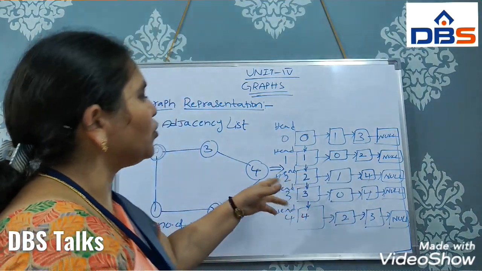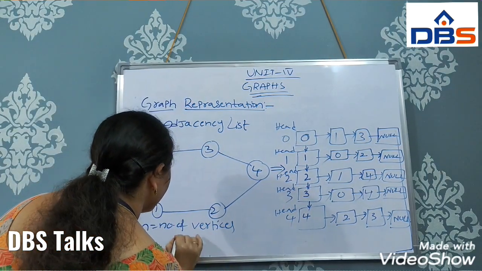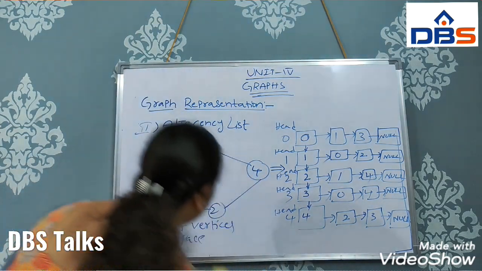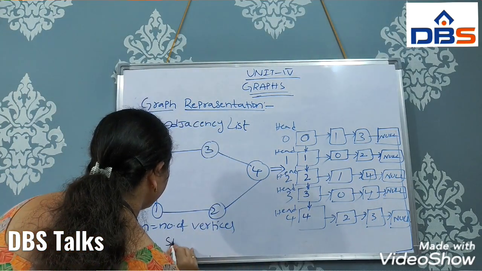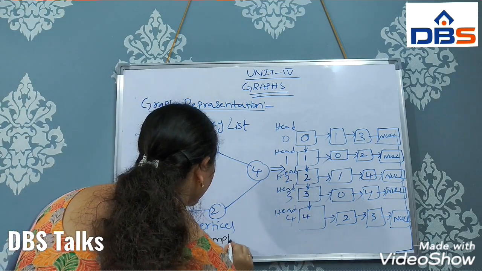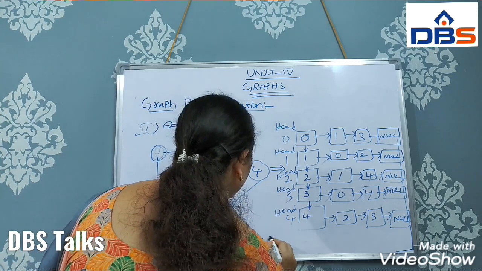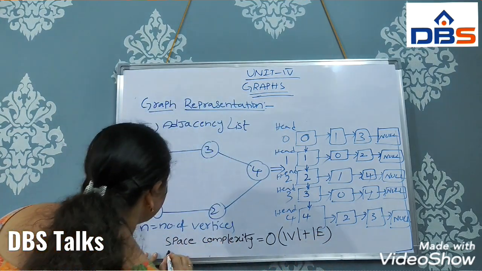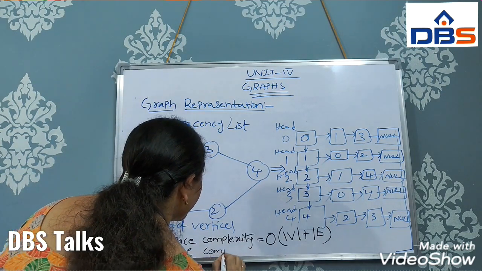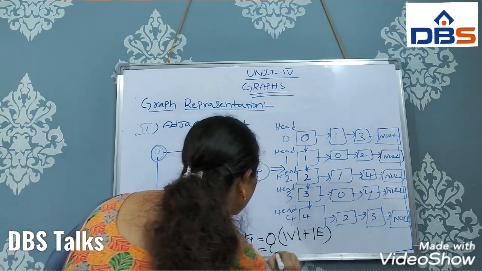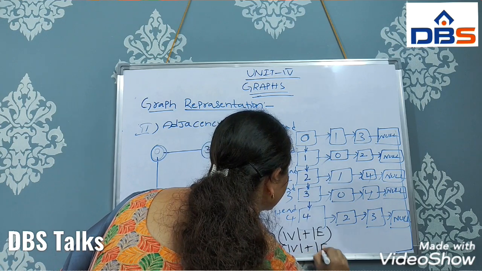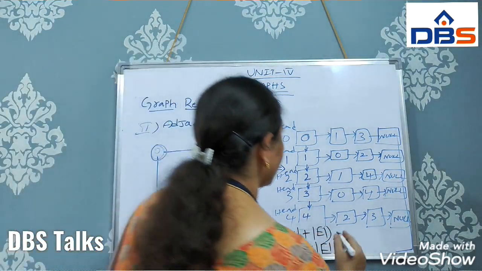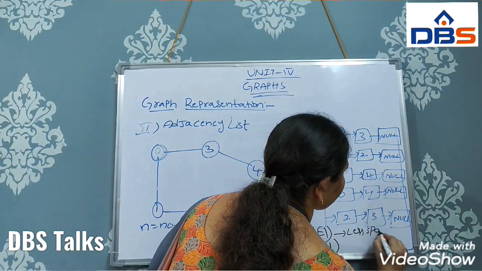That's why I use the second category, the adjacency list, most. Now the space complexity: it occupies less space, and that is the advantage.